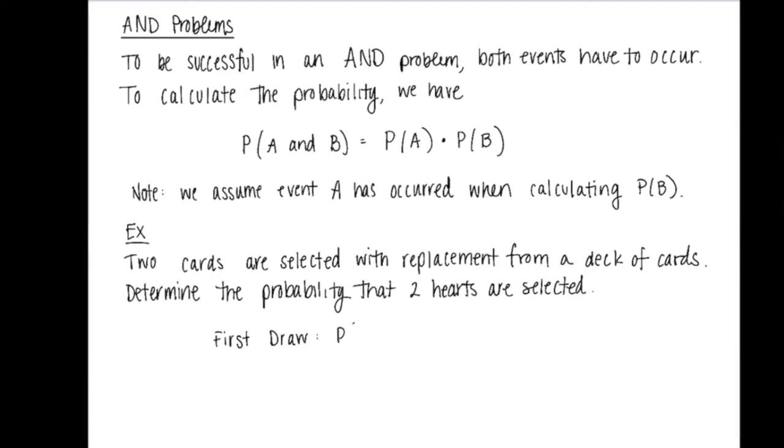So our first draw, what's our probability of getting a heart? Sorry, that's a little confusing. Not the 1 of hearts, just a first heart. So how many cards out of 52? Yeah, we have 13 out of 52. So you have a 1 in 4 chance on that first draw of getting a heart.